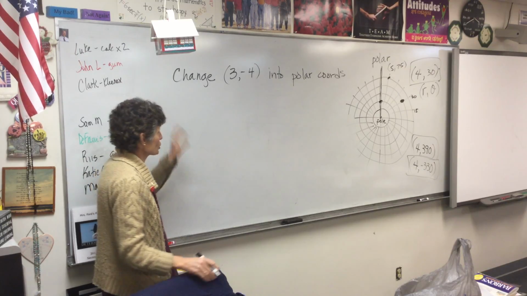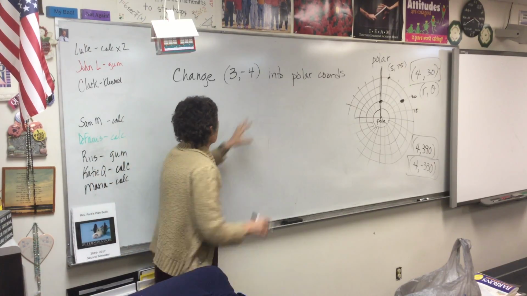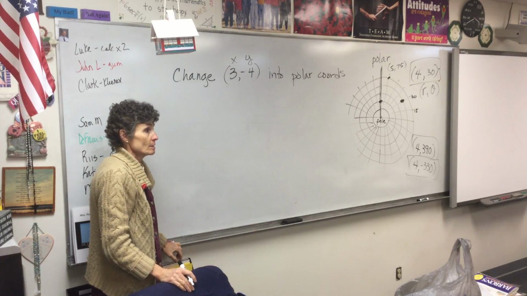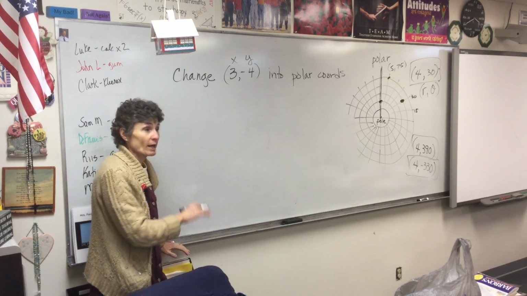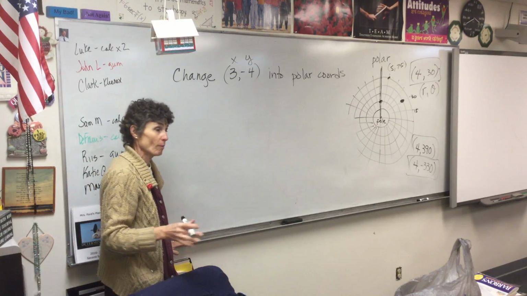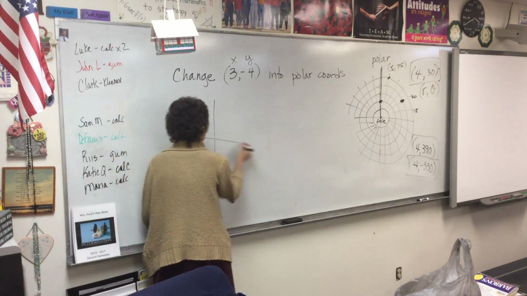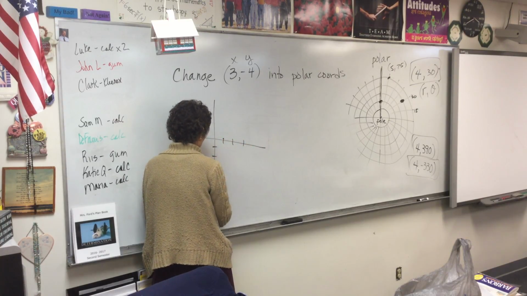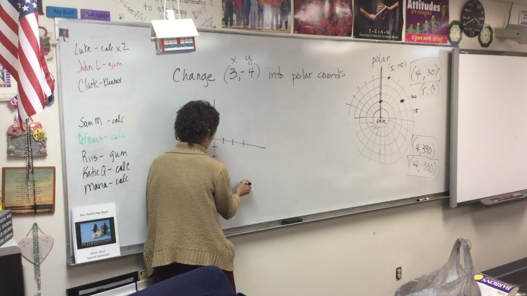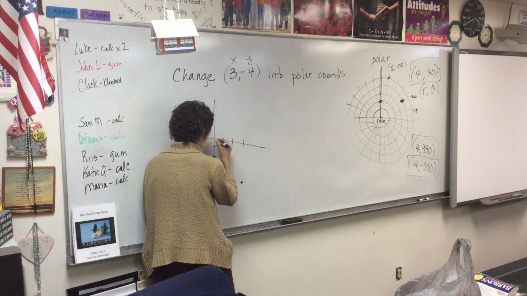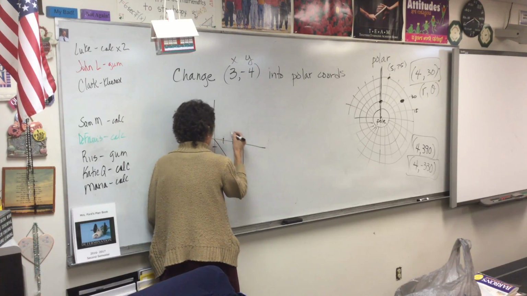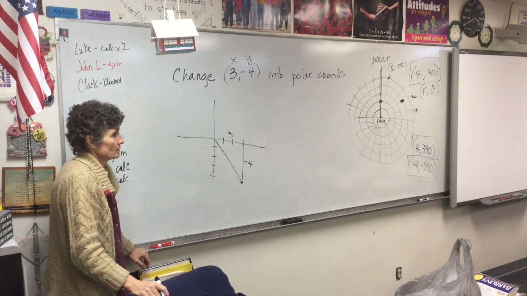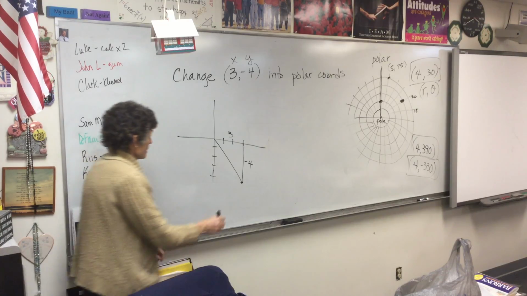That's Cartesian. If we're changing into polar, then we are starting with X and Y. So you know what I'm going to do. It's what I do on every problem I do. I draw a picture of it. So I'm going to plot the point over 3, down 4. My little butterfly bow tie that goes with me everywhere. So that's going to be the hypotenuse going to be 5.